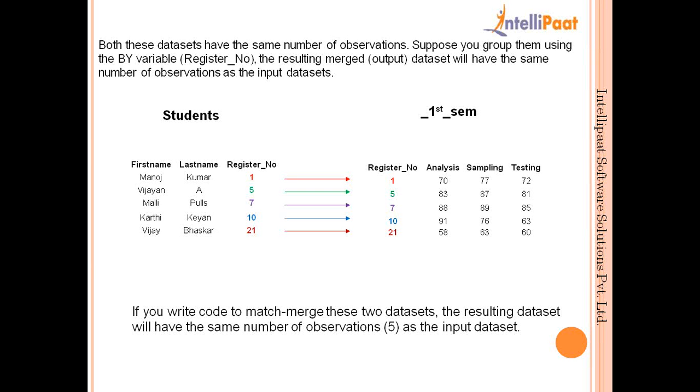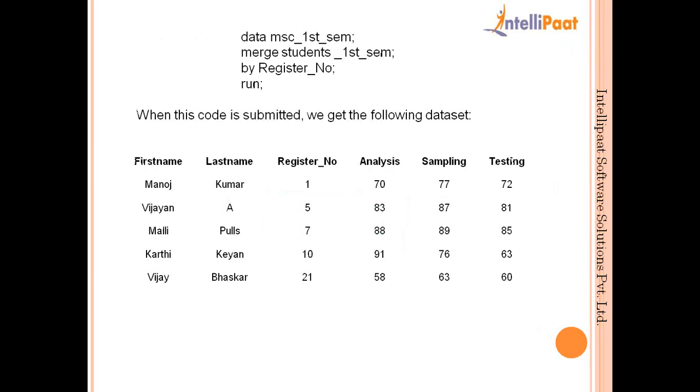So the resultant data set will also have the same number of observations as the existing ones. You can see the student and the semester data sets, these are the two data sets. Now if you write code to merge these two data sets, the resulting data set will have the same number of observations as the input data sets. Now this is the code which they have written.